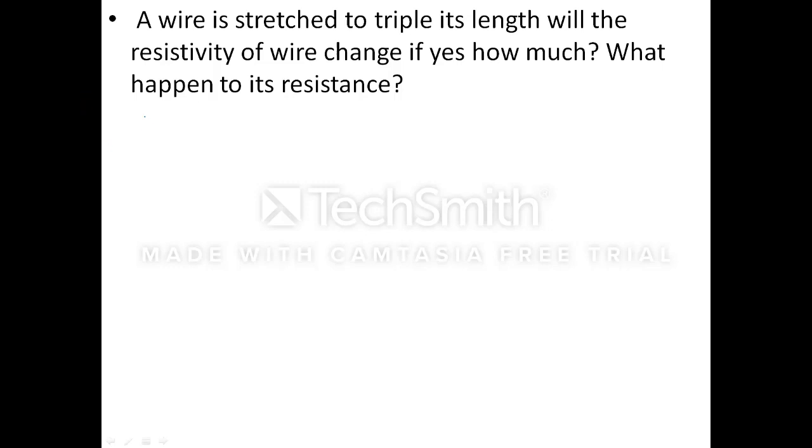Now if we consider the first part, that is what happened to its resistivity when the wire is stretched to triple its length.